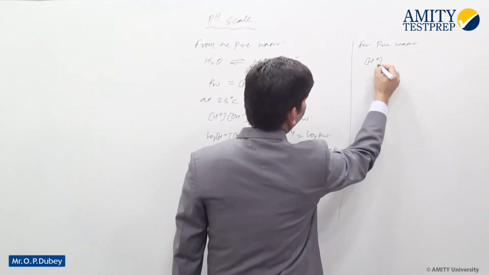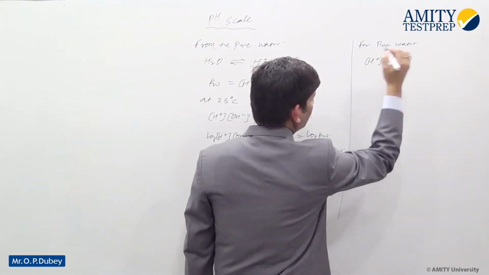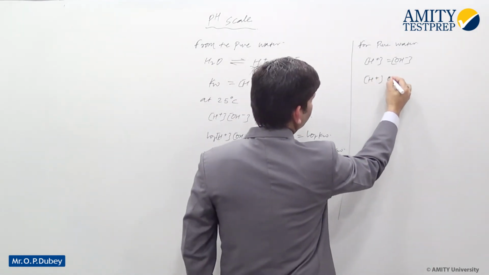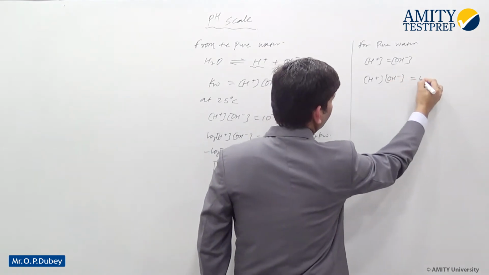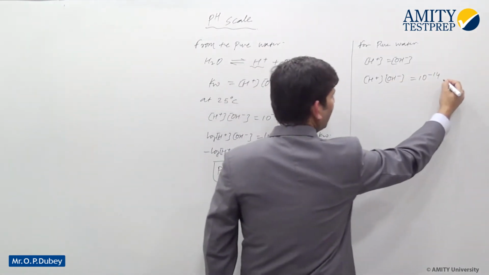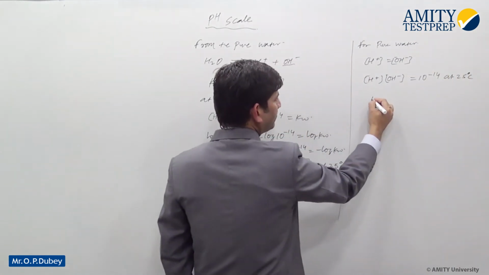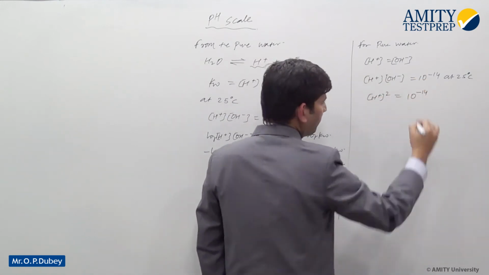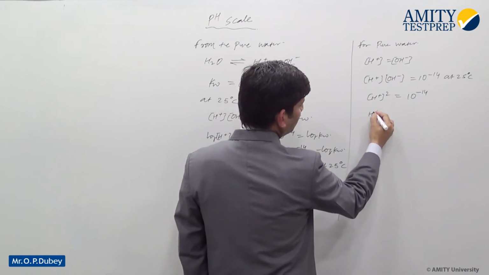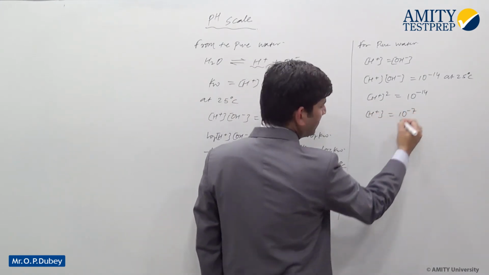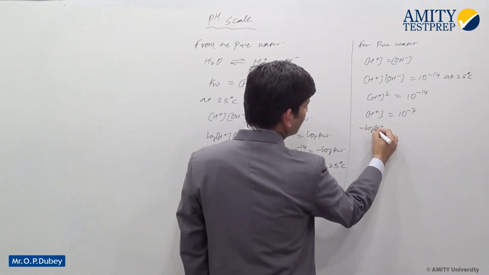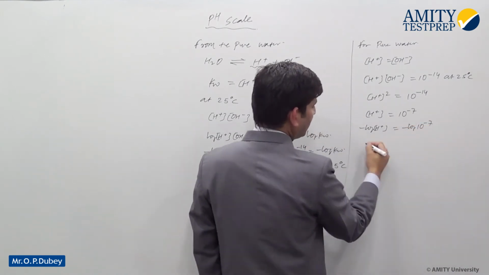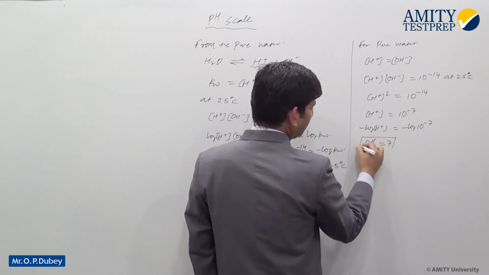We can write H plus ion concentration times OH minus ion concentration is equal to 10 to the power minus 14 at 25 degrees C, and H plus ion concentration raised to the power 2 is equal to 10 raised to the power minus 14, and the H plus ion concentration is equal to 10 power minus 7, that is minus log H plus ion concentration is equal to minus log 10 raised to the power minus 7, that is pH of solution is 7.